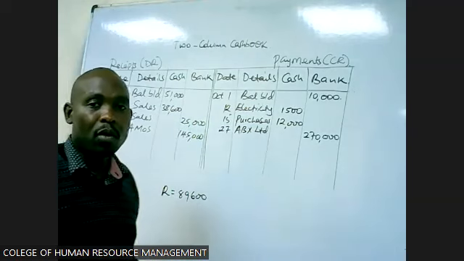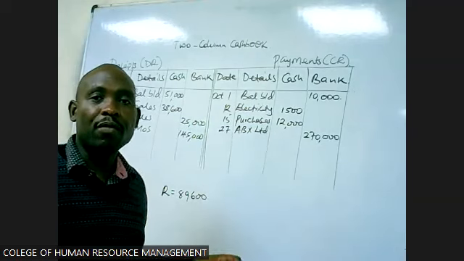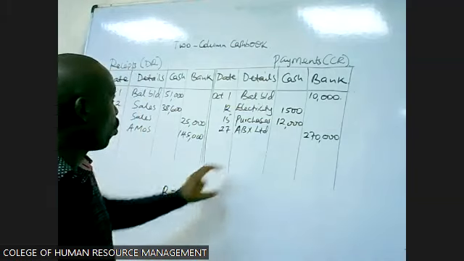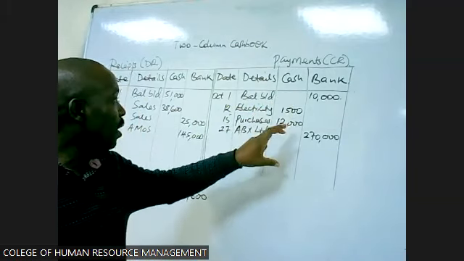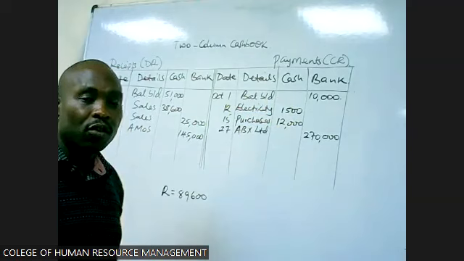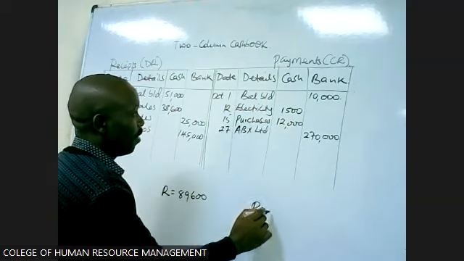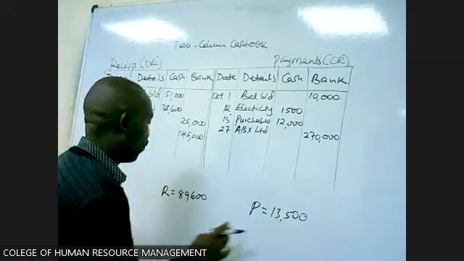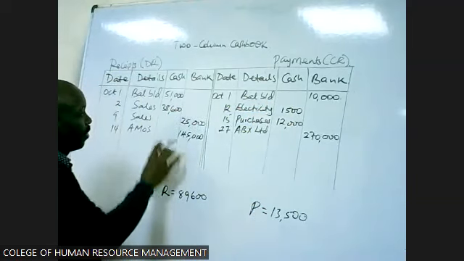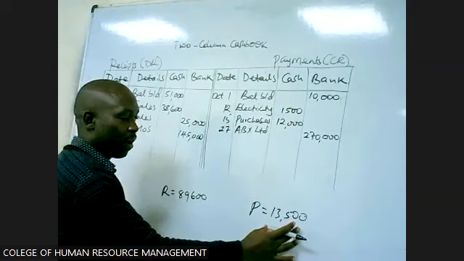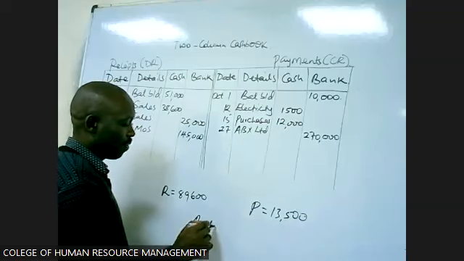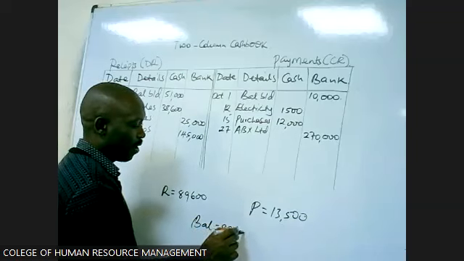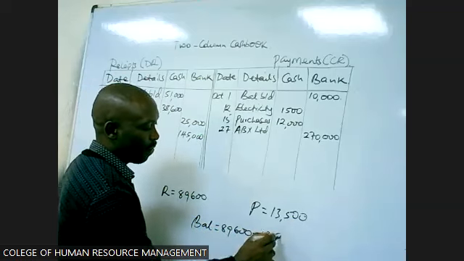Then remember, we don't have the whole amount. Part of this amount was used to pay. The payments total 13,500. So if we received 89,600 and we paid 13,500, the balance at that date is 89,600 minus 13,500.